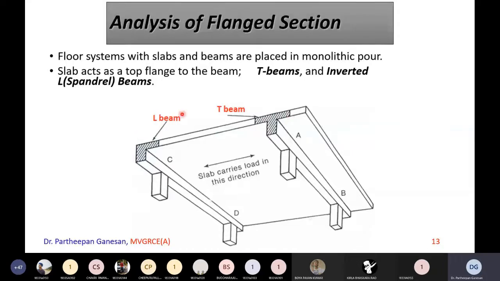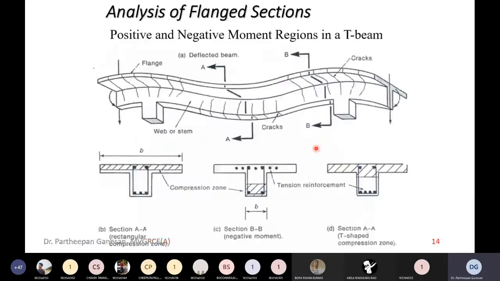Sometimes it is called spandrel beams also. Now you see here, let us say you have a beam which is running over this support, this one column, this another column. Like that, let us say there are many columns and the beam is running over that. This is beam, and the beam is carrying a slab here, right?